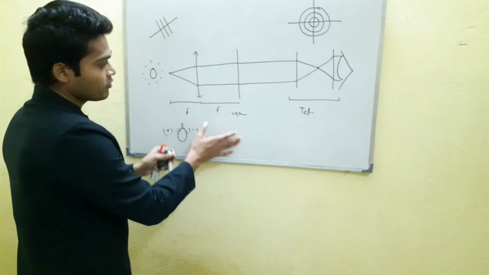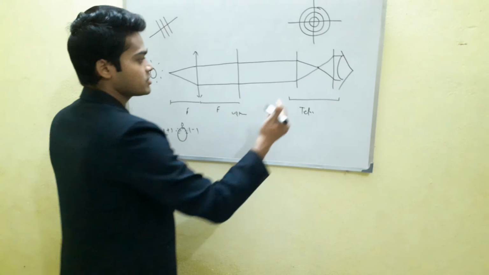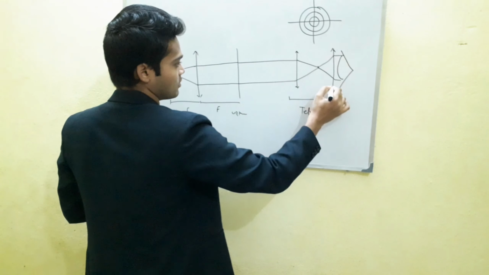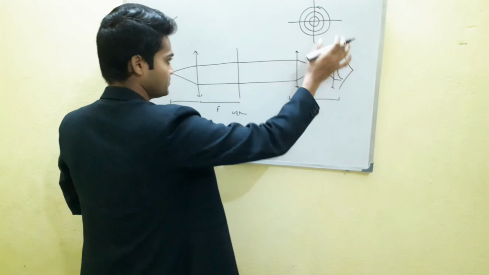This is the principle which works inside the lensometer. This is also a convex lens, the eyepiece lens, meaning condensing lens, objective lens.